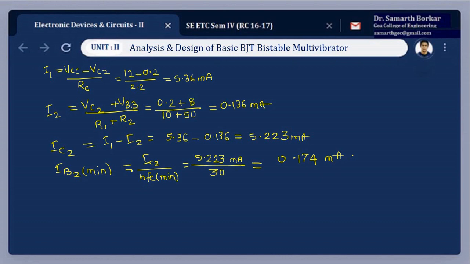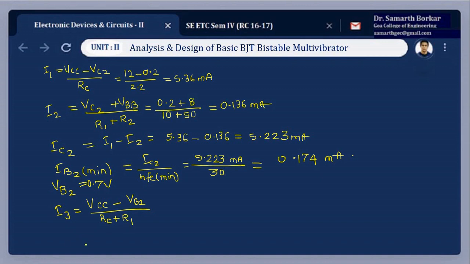Now practically, just as we solved in the first scenario, we have to follow the same steps. We have to find out the current actually entering the device, that is what is referred to as actual IB2. So to calculate IB2, refer to the second figure that we have drawn. In that case, we set VB2 equal to 0.7 volts. So I3 will be equal to VCC minus VB2 divided by RC plus R1.